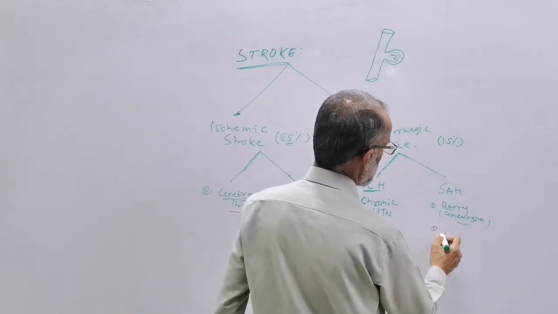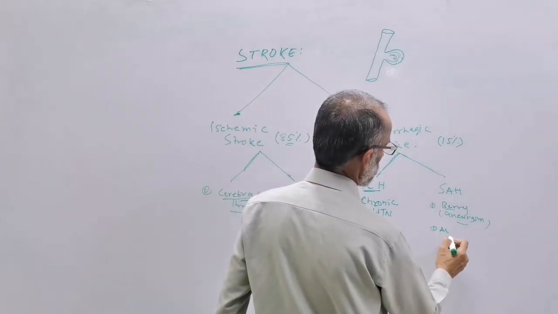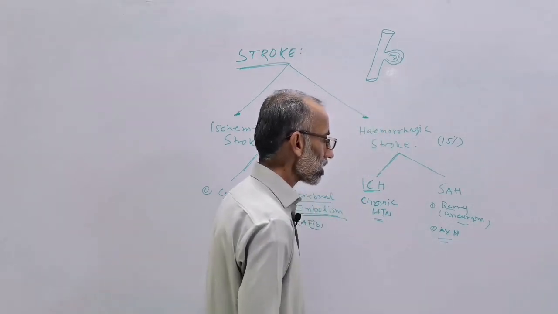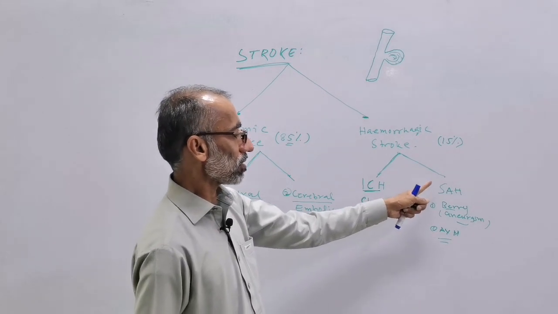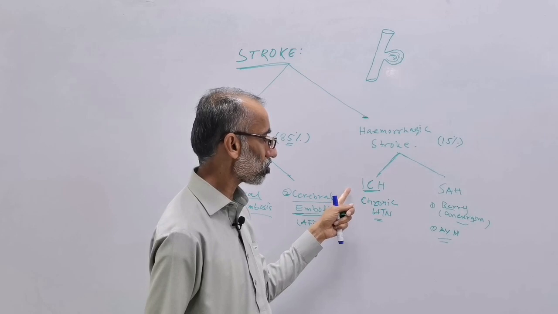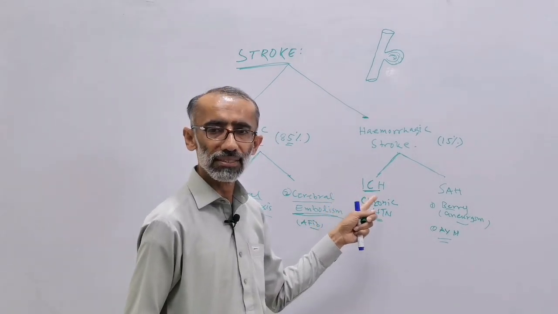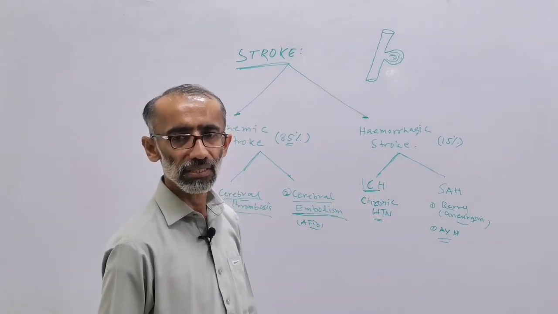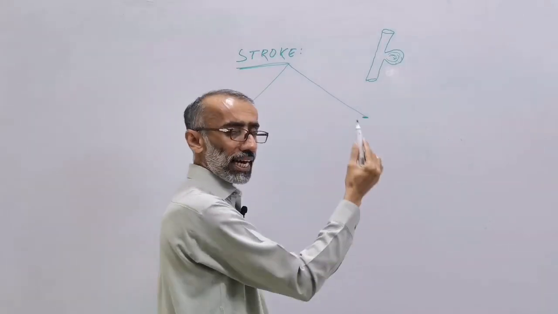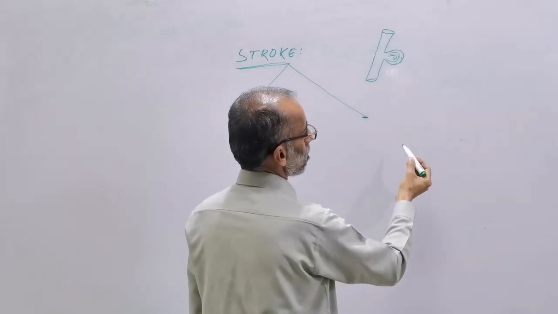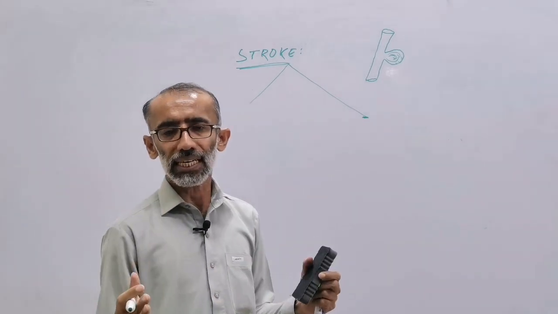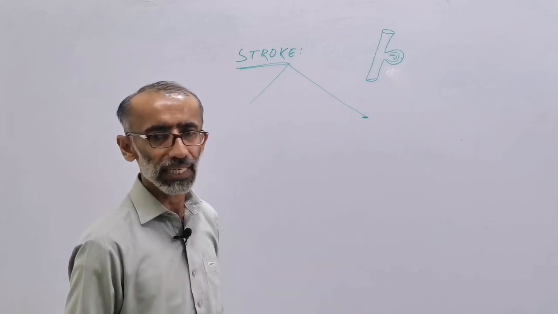Or there may be arteriovenous malformation, as well in subarachnoid hemorrhage as well as in intracerebral hemorrhage. In subarachnoid hemorrhage, the blood will accumulate between the skull and the brain.